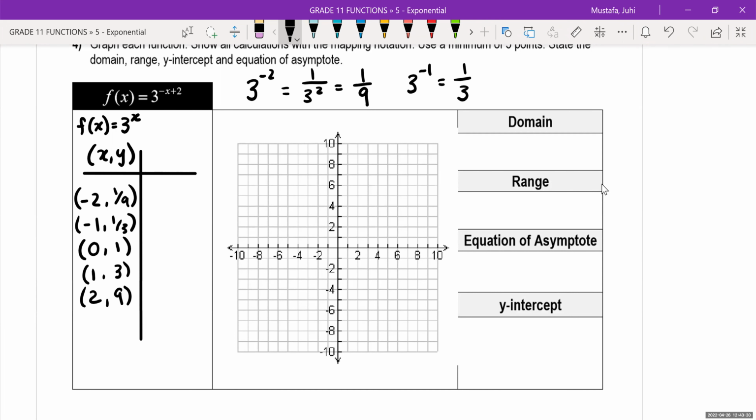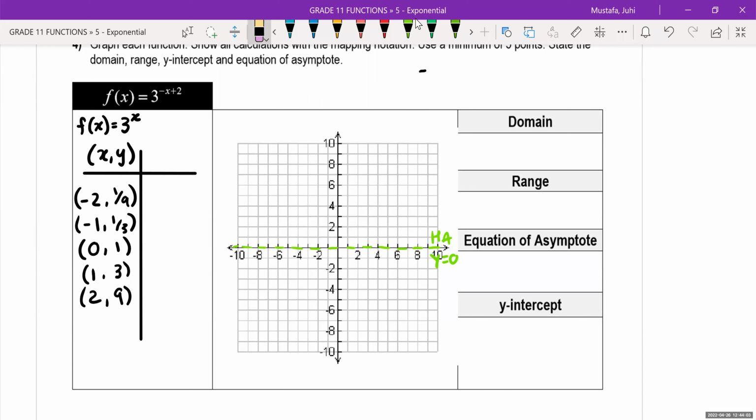Now think back to last class. If this is just like a regular old function, where should the asymptote be? Yeah, so let's go ahead and graph this, and we're going to put an asymptote at y is equal to 0. So hopefully you guys have rulers and you can use a ruler to draw a dashed line. And then I'm just going to label this horizontal asymptote y is equal to 0.